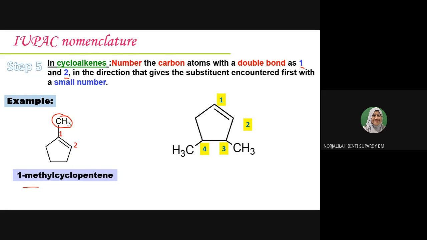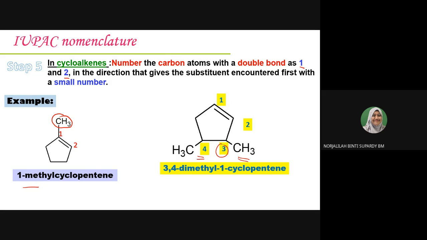For the right side structure, we have 5 carbon atoms also, and carbon number 1 and 2 start from the carbon double bond. Then clockwise direction, number 3 has one substituent, and carbon 4 also has one substituent.